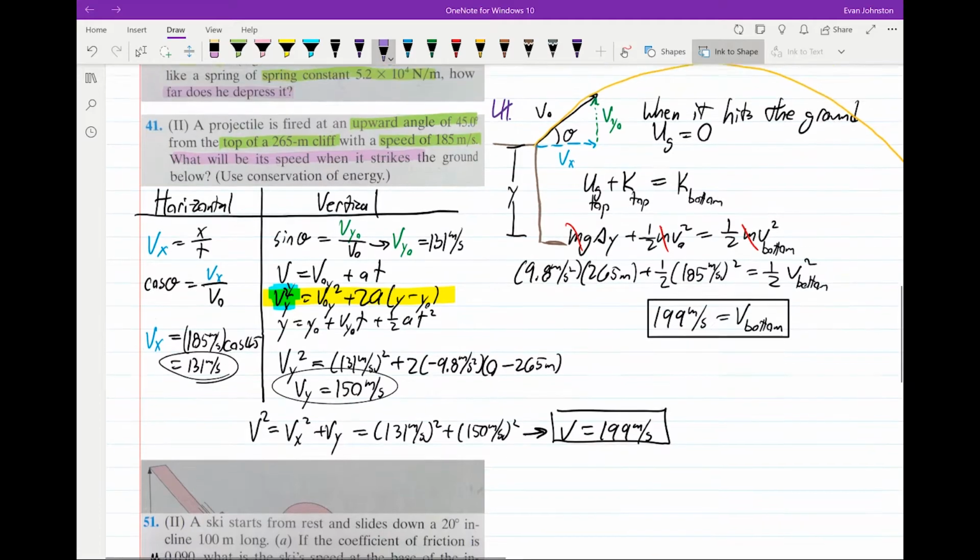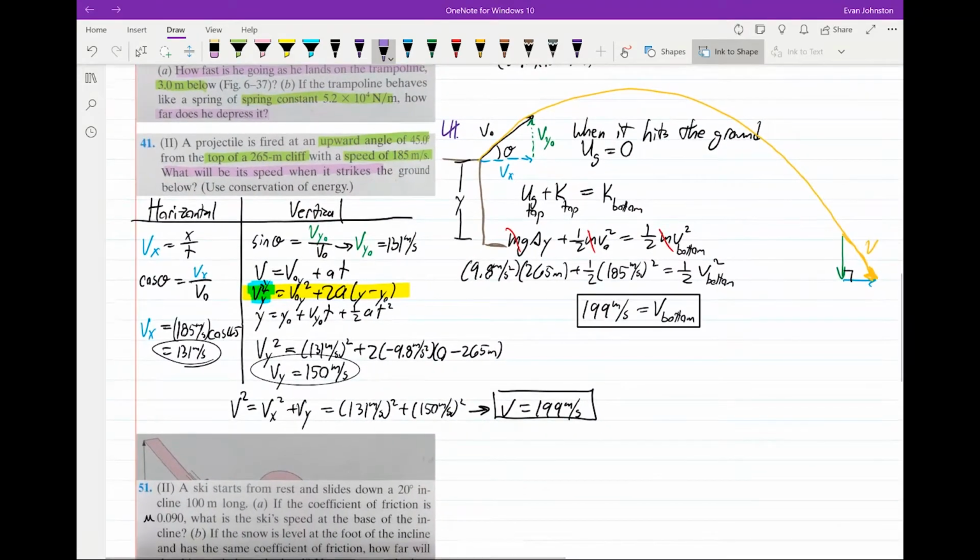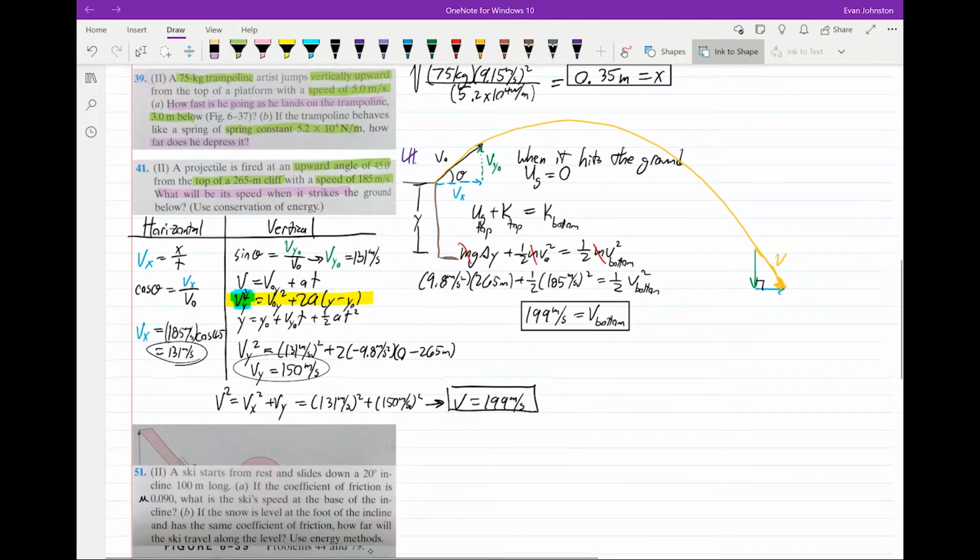Now, I would argue personally that this method was a lot more work and a lot more complicated compared to just saying the energy at the top and the energy at the bottom are equal, and then just plugging in. That was write it symbolically, put in equations, put in math, and then have an answer.